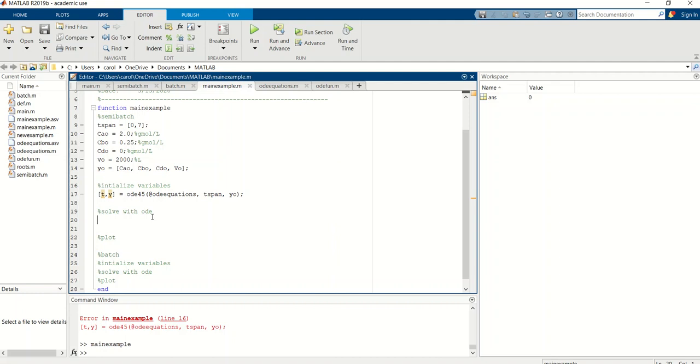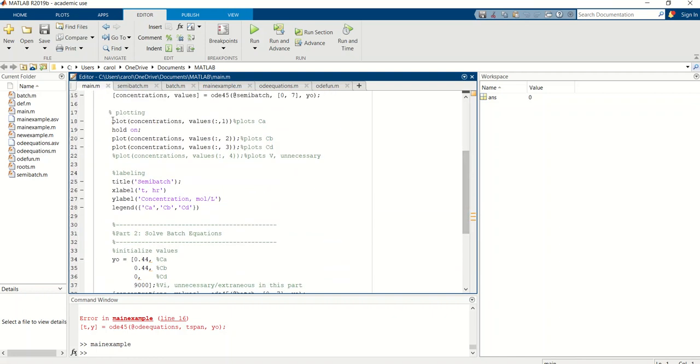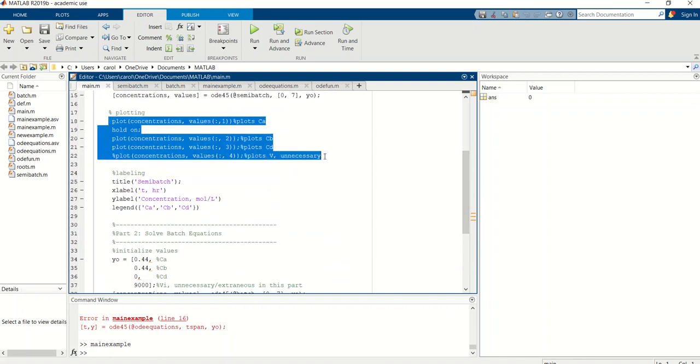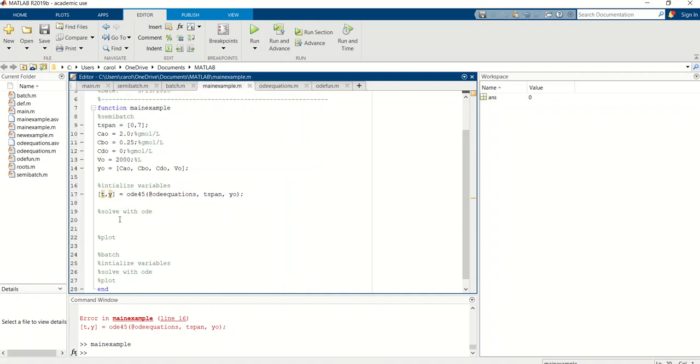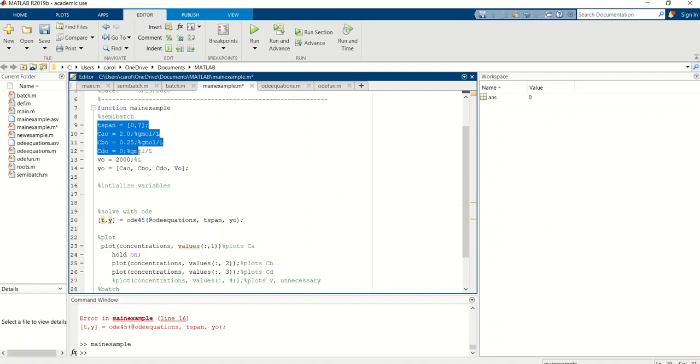So I'm going to grab, from my previous function, because plotting is boring, all of this. I've been putting things under the wrong headings. This will actually go here, and I'll put all of this right here.